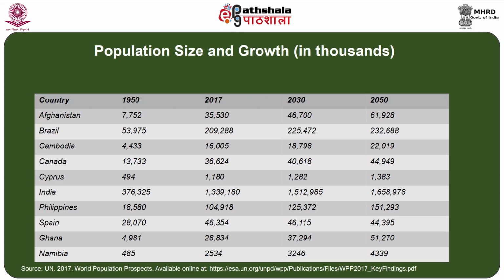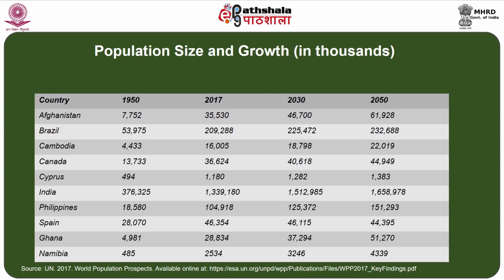On the other hand, the extent of growth has been larger with regard to other countries such as the Philippines, and in the case of India, the growth has been from 376325 in thousands in 1950 to 1339180 in thousands in 2017 and 1512985 in thousands in the year 2030.